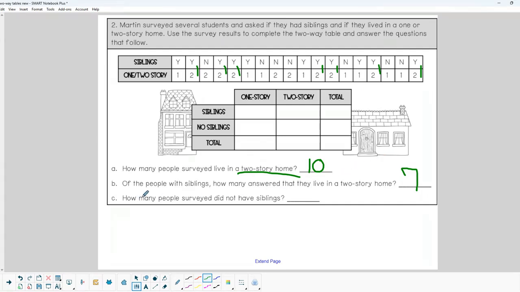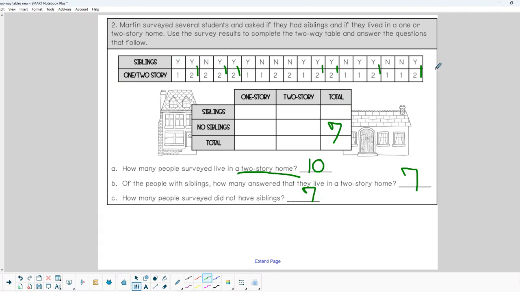All right, how many people surveyed did not have siblings? So you just go through and count the N's. 1, 2, 3, 4, 5, 6, 7. That would be 7. So now if we look at this, we can go back through here and say, okay, no siblings.